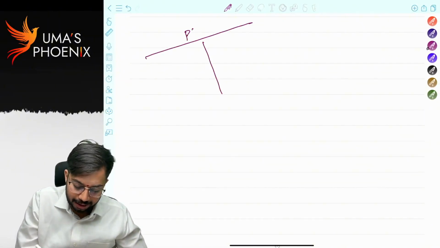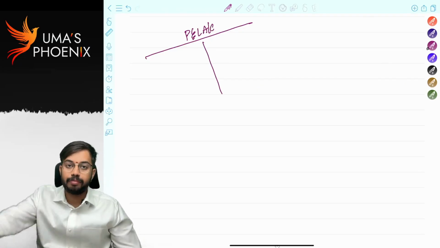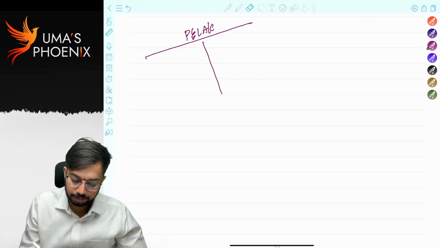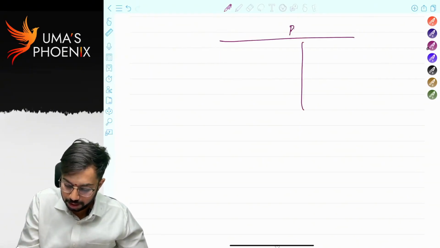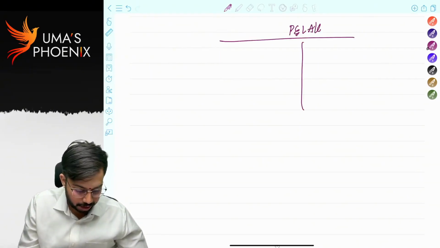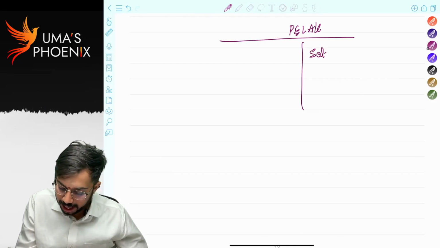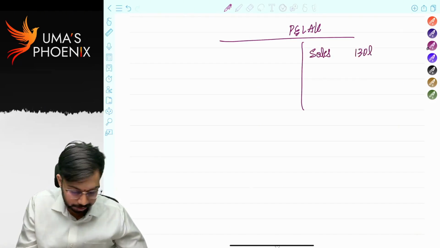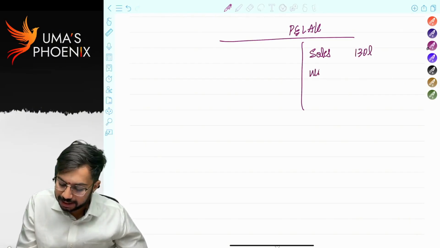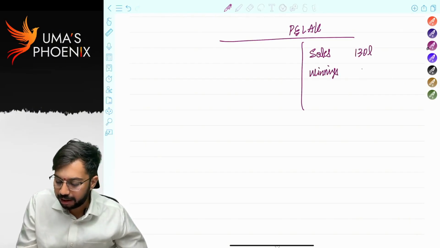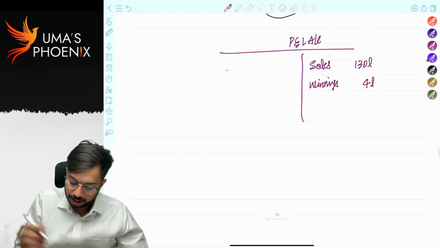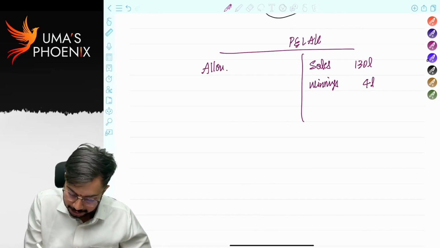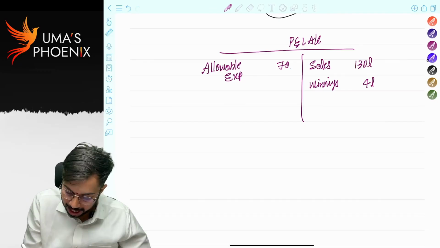P&L account is like this. Sales 130 lakhs. Winnings, you know winnings from lottery, right? Winnings 4 lakhs. Next, allowable expenses 70 lakhs.